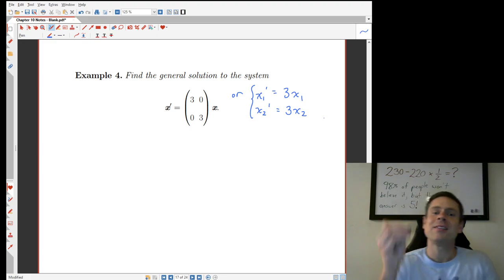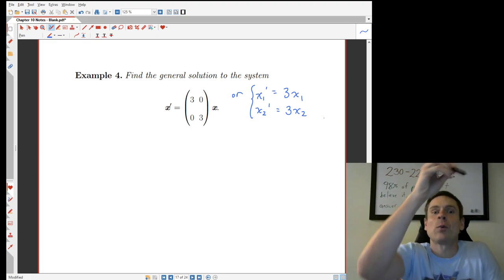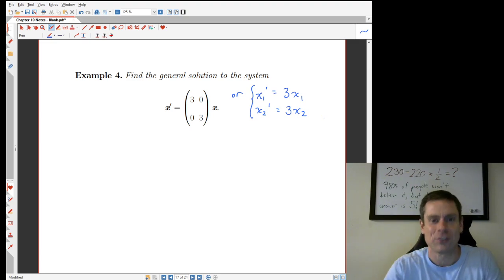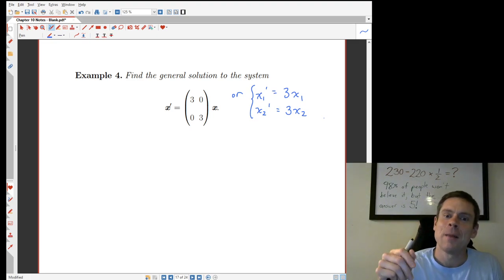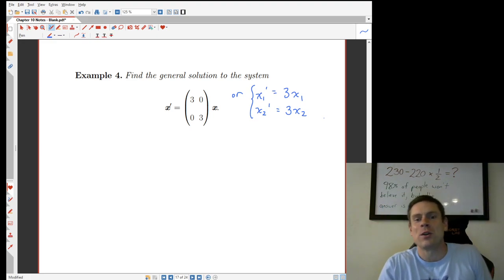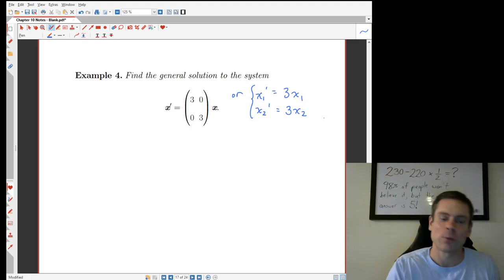Well, the x1 prime equation has only x1 terms, and the x2 prime equation has only x2 terms. This is what's called a decoupled system, because the x1 equation is only x1 and the x2 equation is only x2. The two never directly interact with one another.